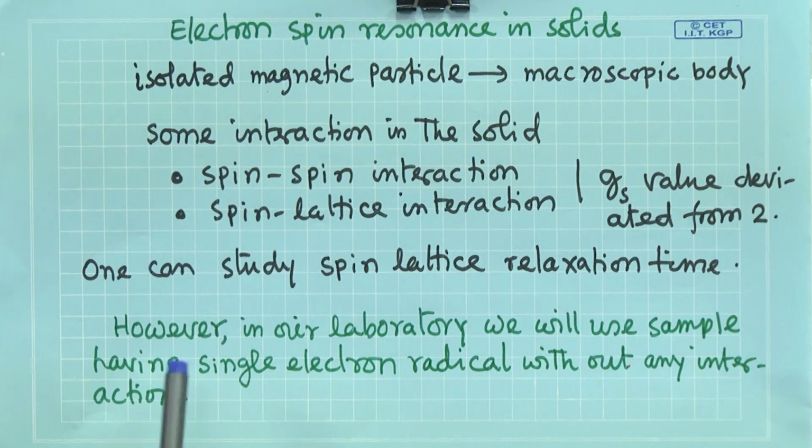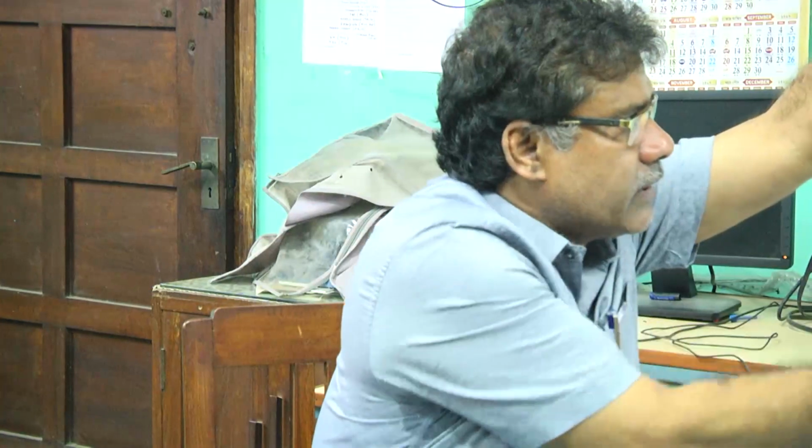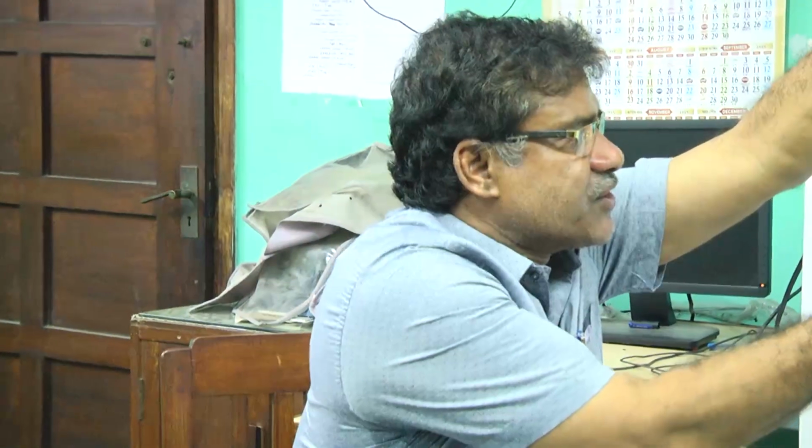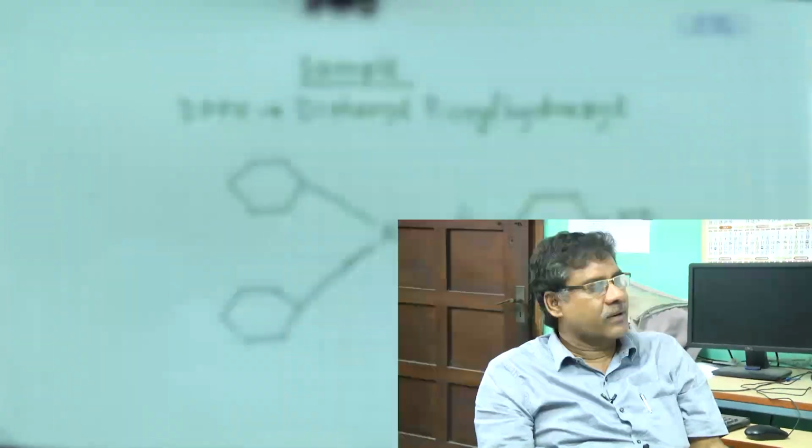However, in our laboratory we will use a sample having a single-electron radical without any interaction, so it is just like a free electron. Generally we use the DPPH sample, as in most laboratories.